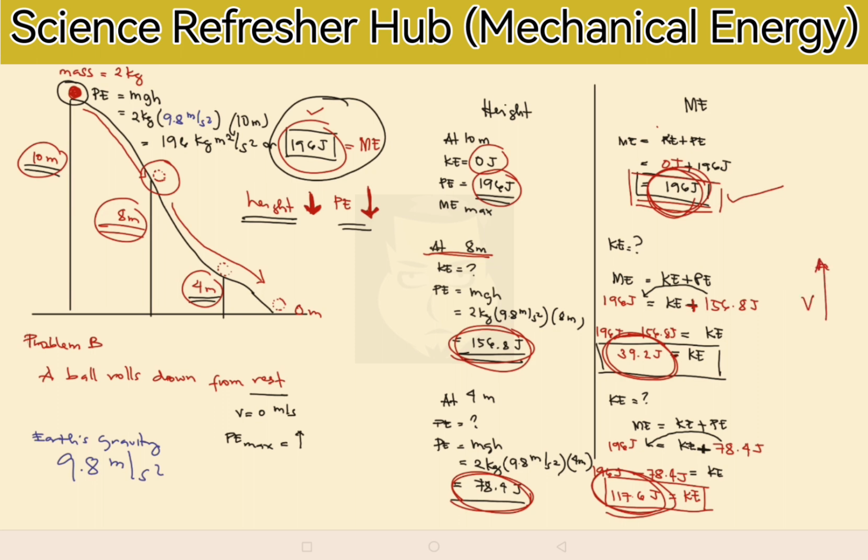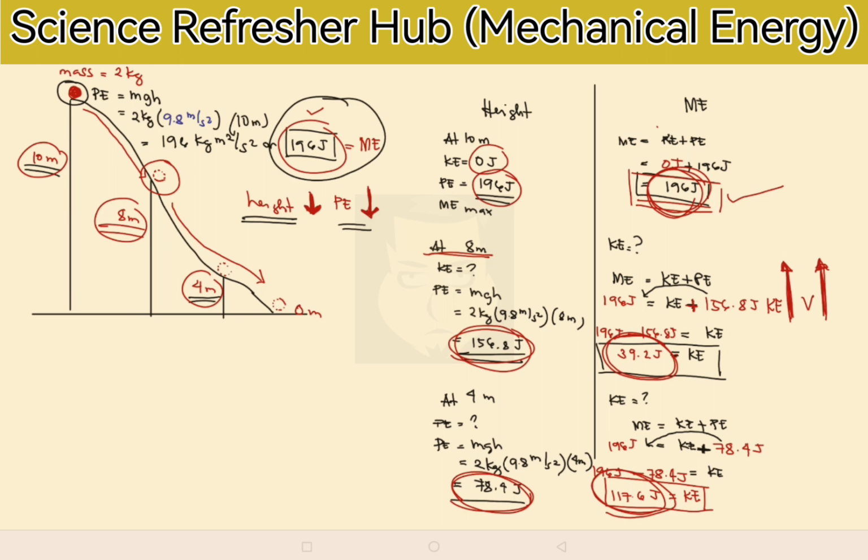Okay, increasing velocity as kinetic energy increases as it rolls down. One more proof that the mechanical energy is equal along the positions there, except here when it reaches the ground, everything will be zero, kinetic and potential. But before hitting the ground, let's try to prove if the mechanical energy is still constant or conserved.